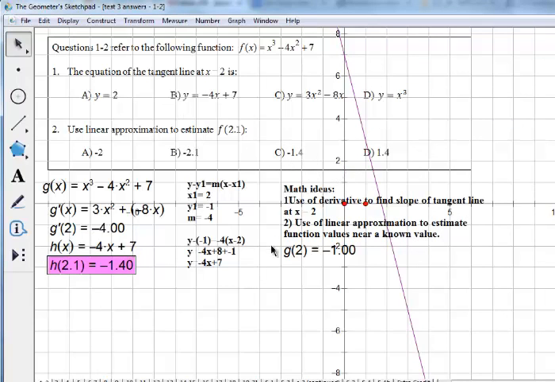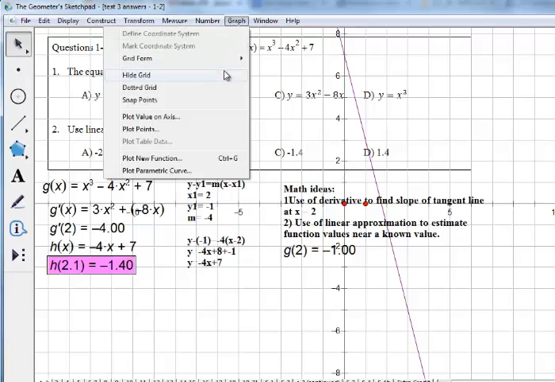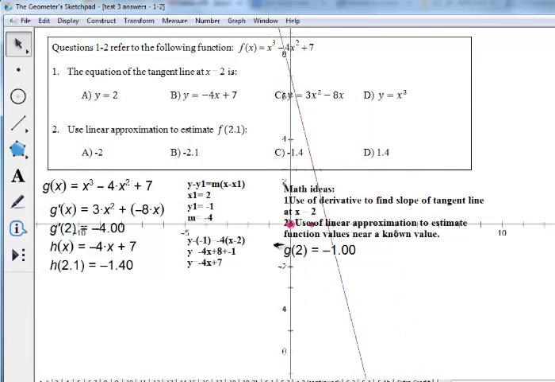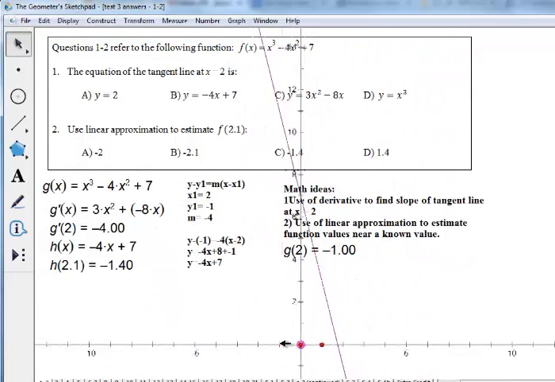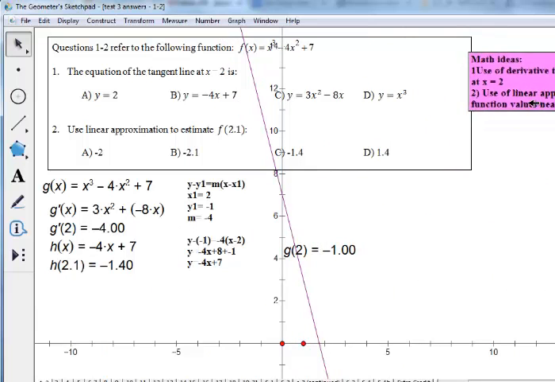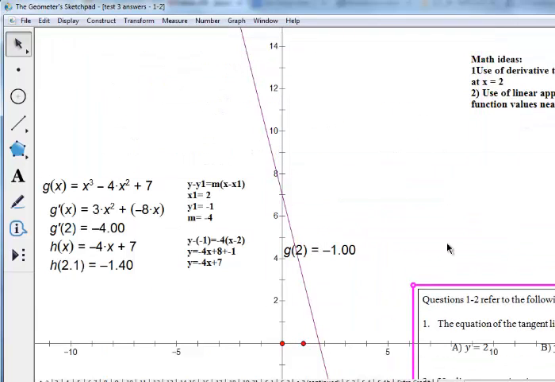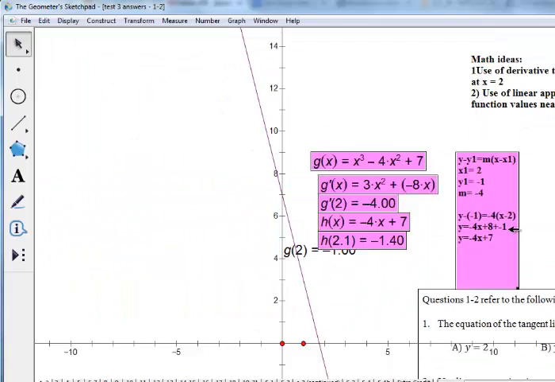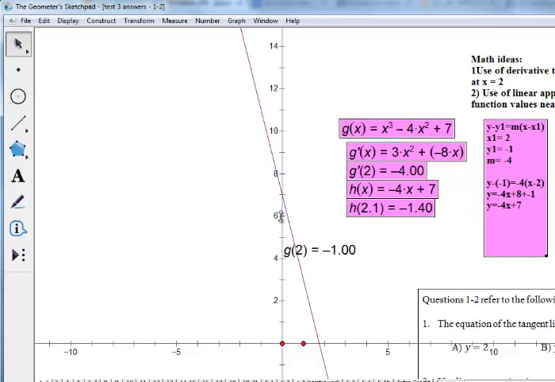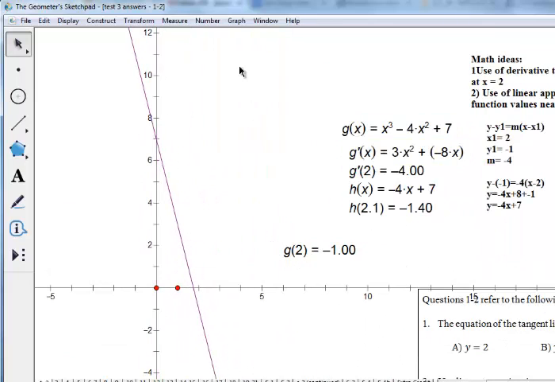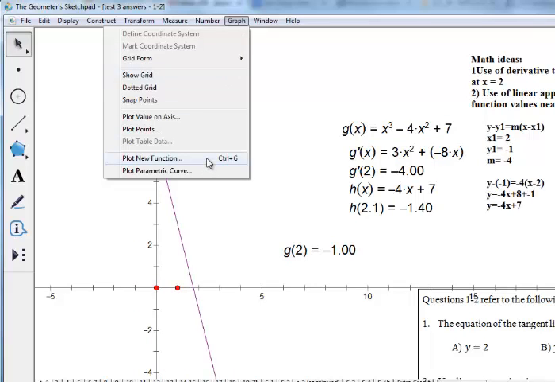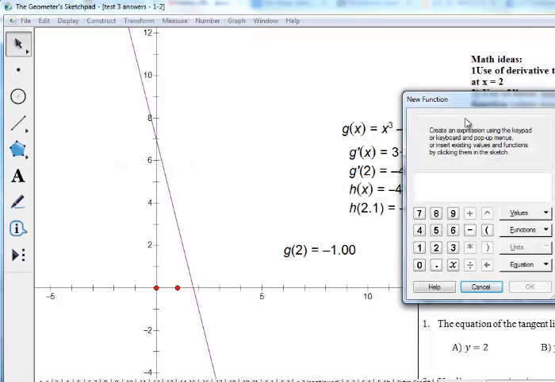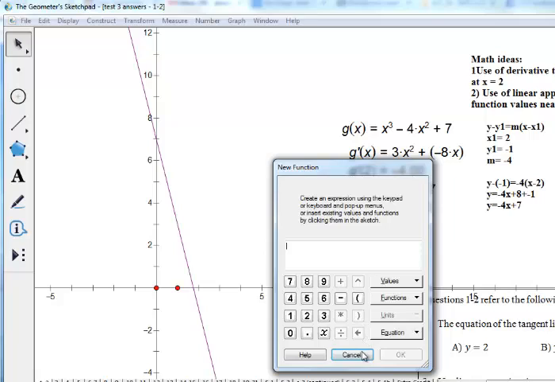Now, just as an aside, I'm going to show you what exactly this function looks like, just so that we can really get a sense of the ideas here. So I'm going to move these out of the way. All right, and what we want to do is graph the original function. I already have the function, right?